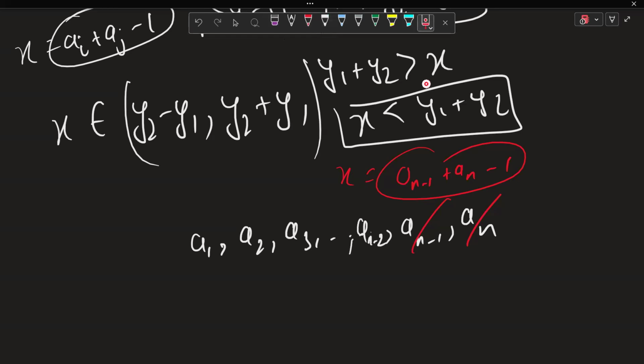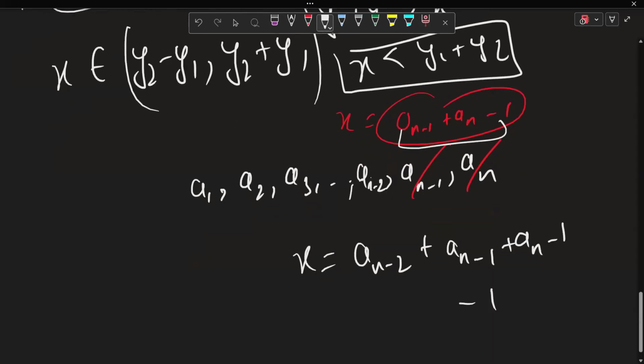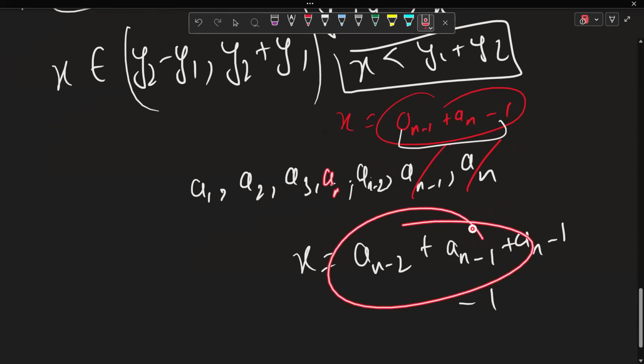Then you would take this value and this x, and the new x would be an minus 2 plus the previous x that you had replaced it with, minus 1. Then again this would be taken along with another value an minus 3 and replaced by x.